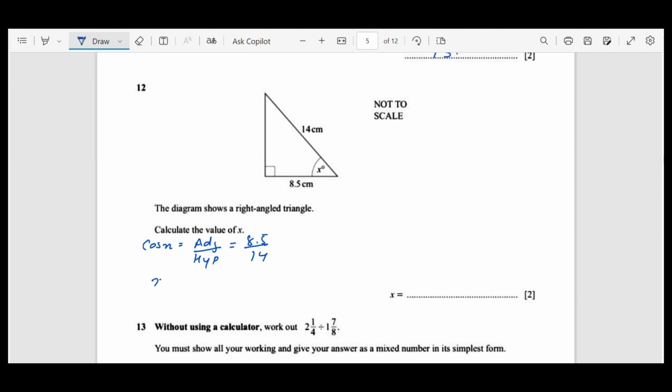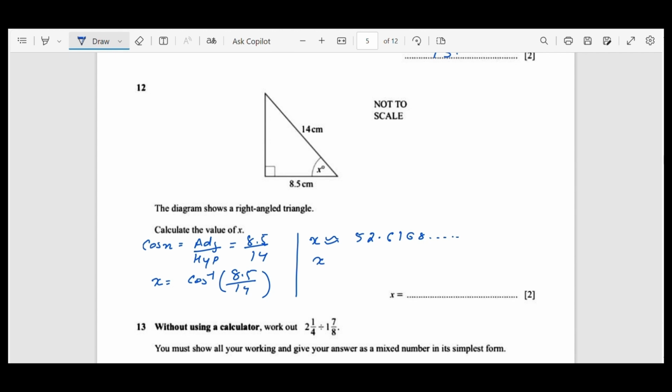So x will be equal to cos inverse of 8.5 by 14. We will use the calculator here. So x will be approximately equal to 52.616.